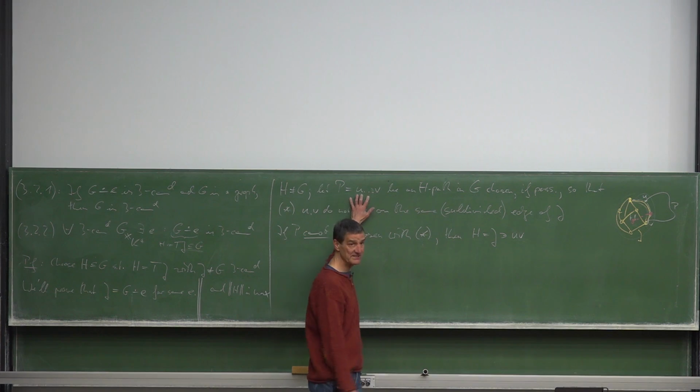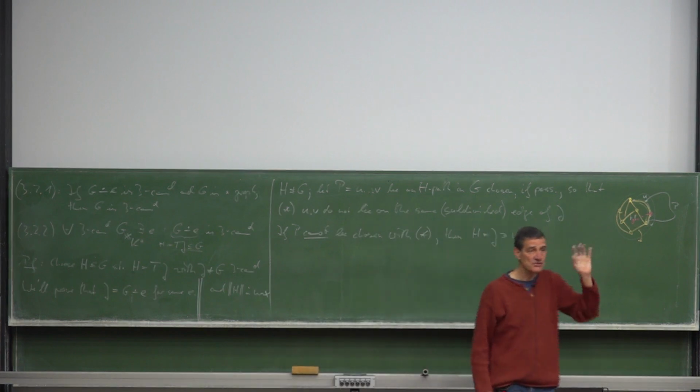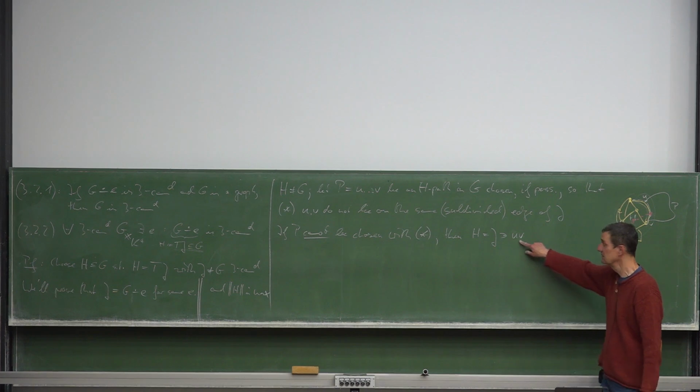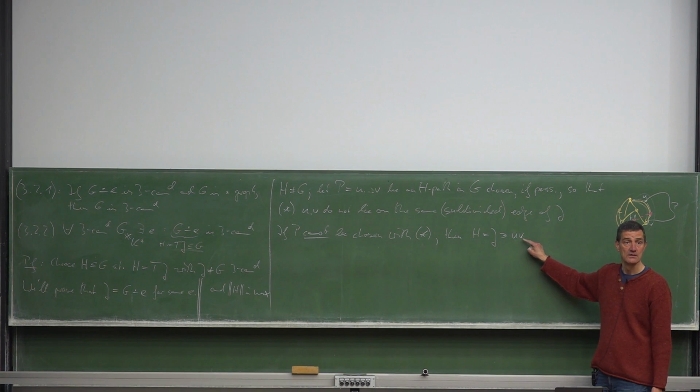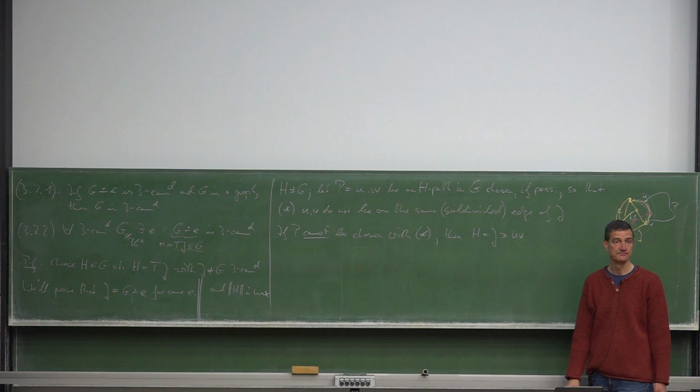P has an internal vertex. But then we could replace this edge UV with P to get a different H with more edges for the same J, or for an isomorphic J. Right?